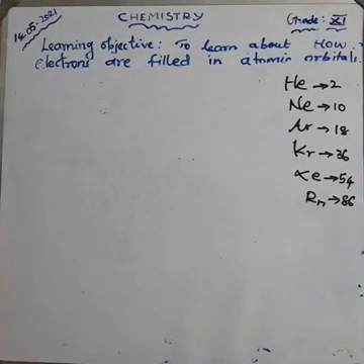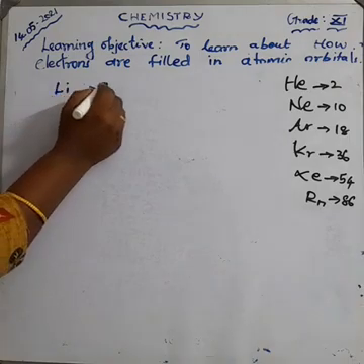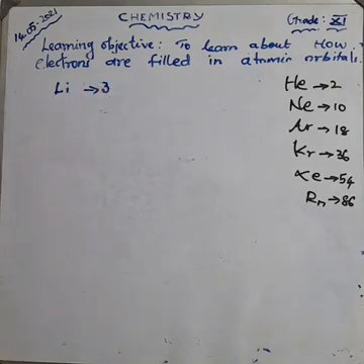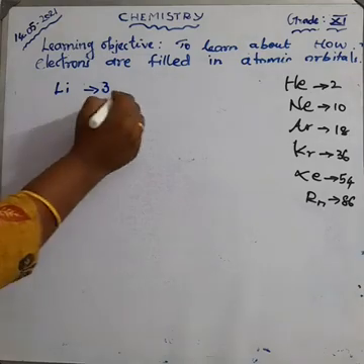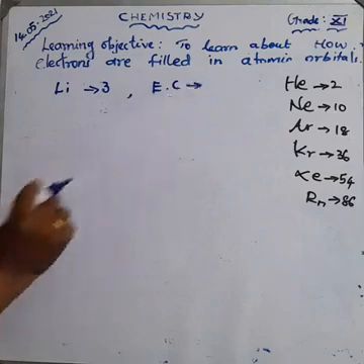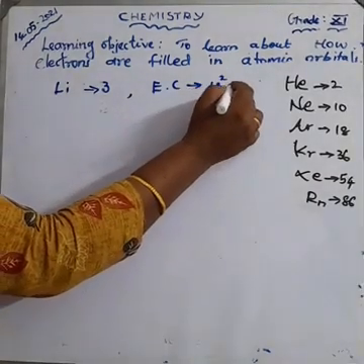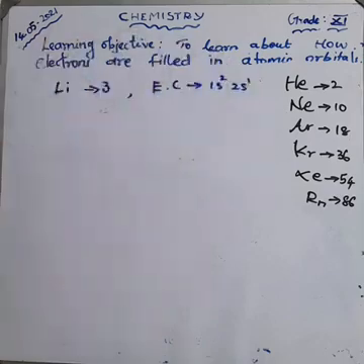We can start with an example. First lithium. You know lithium, atomic number of lithium 3. The electronic configuration for lithium, you know, is 1s2, 2s1.